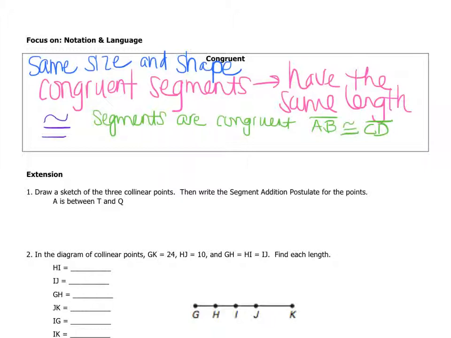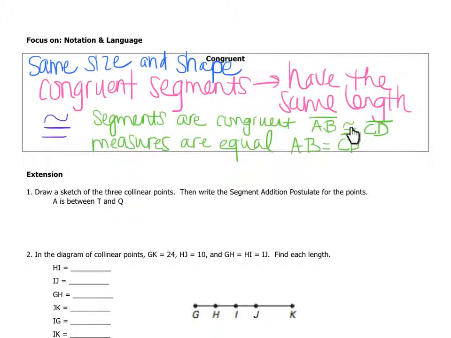But we say that their measures are equal. So the measure or the length of AB is equal to the length of CD.